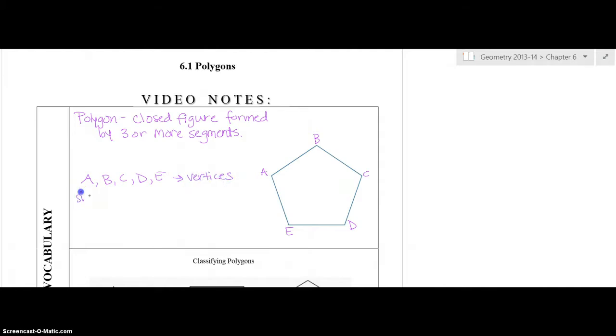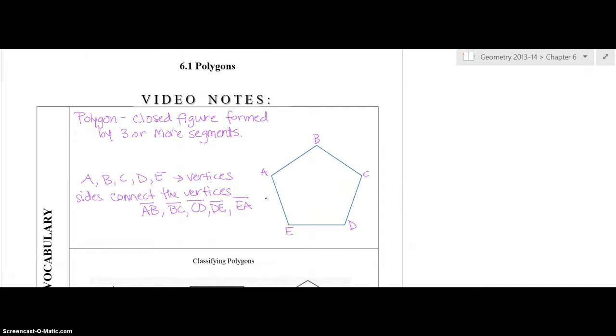The sides connect the vertices. So a side, for an example, is side AB. Notice that those are segments. BC is also a side. CD is also a side. DE is a side. And EA is a side.